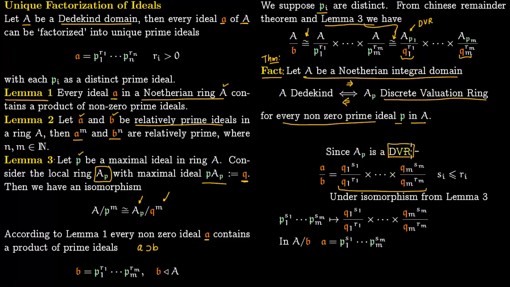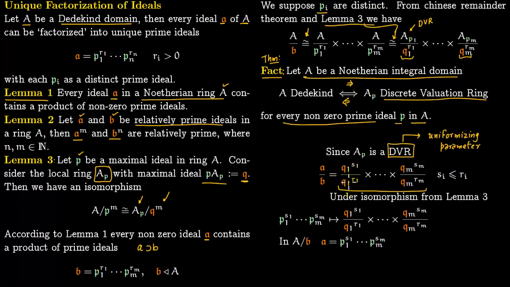So recall that discrete valuation rings are made up from uniformizing parameters. There is some uniformizing parameter which generates the ideals. So it generates the denominator, it generates the numerator as well. So whatever generates the denominator, the uniformizing parameter, it also generates the numerator.